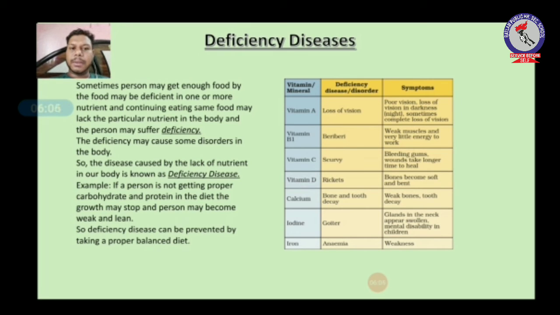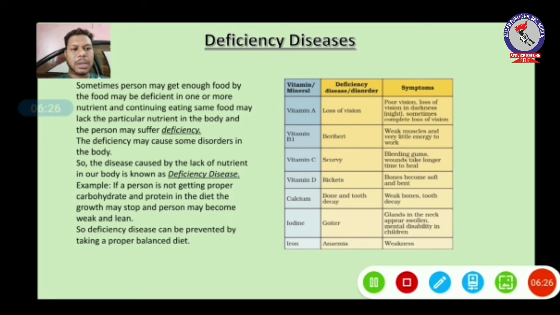Example, if a person is not getting proper carbohydrate or protein in his diet, the person may become weak. Muscles will not develop because he is not getting proper proteins. So this kind of disease which is caused due to the lack of nutrients is called deficiency disease.